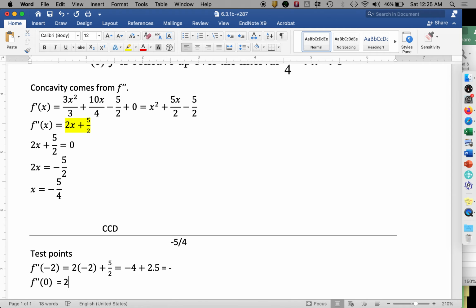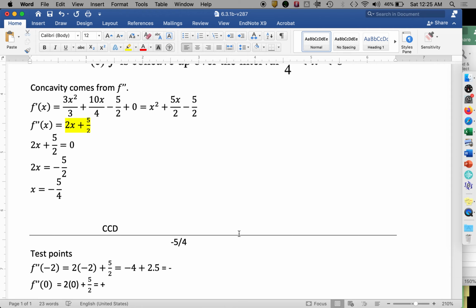I want to go 2 times 0 plus 5 halves. Okay, and that's just going to give me 5 halves. And that is positive, right? So I don't really care that it's exactly 5 halves. I just care that it's positive.